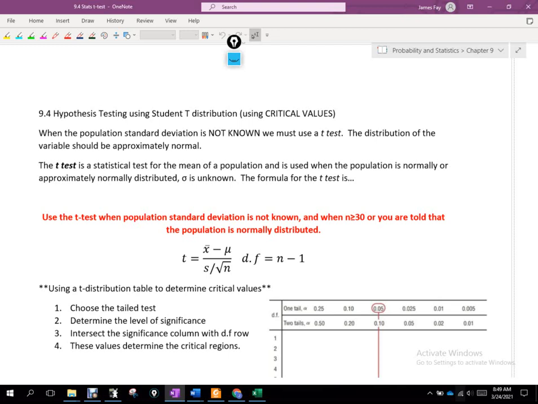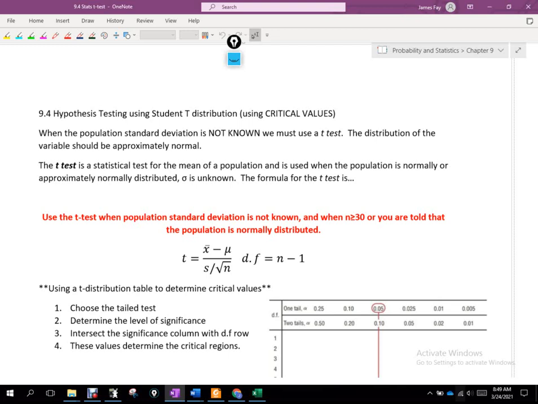So what did we talk about? How big did our samples have to be in the last 2 or 3 days? They had to be over 30, and we also had to know the population standard deviation, right? Now we've talked in the past that is rare.